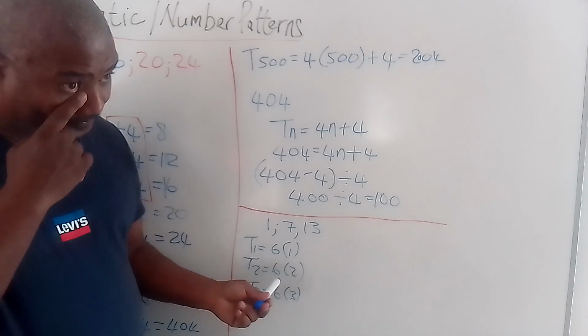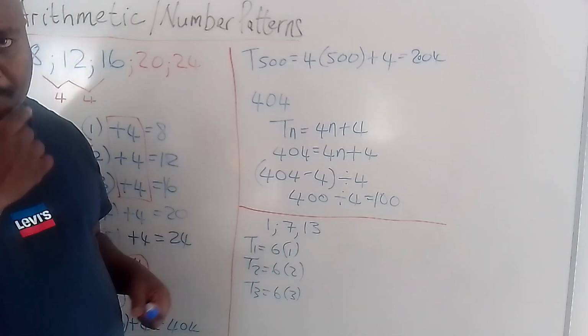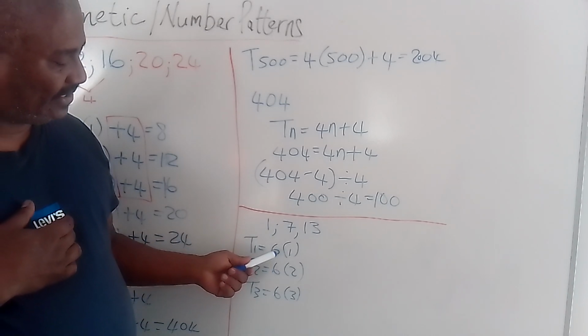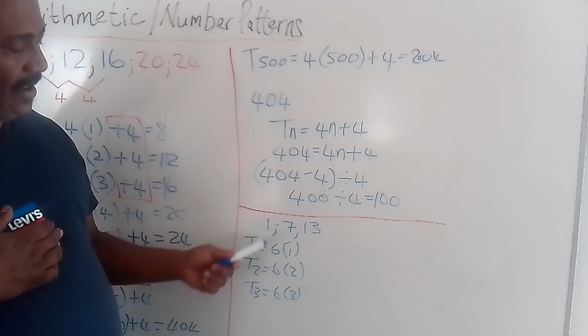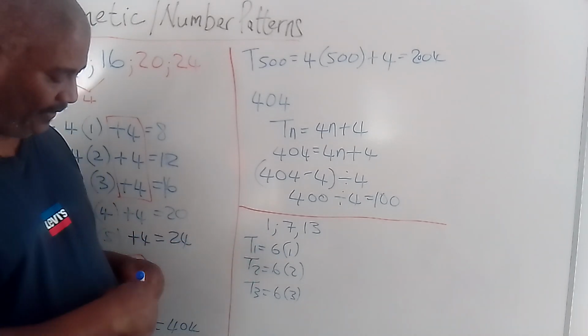Now look here. 6 times 1 is 6, but our first term is 1. So how do we get to 1? We minus 5.